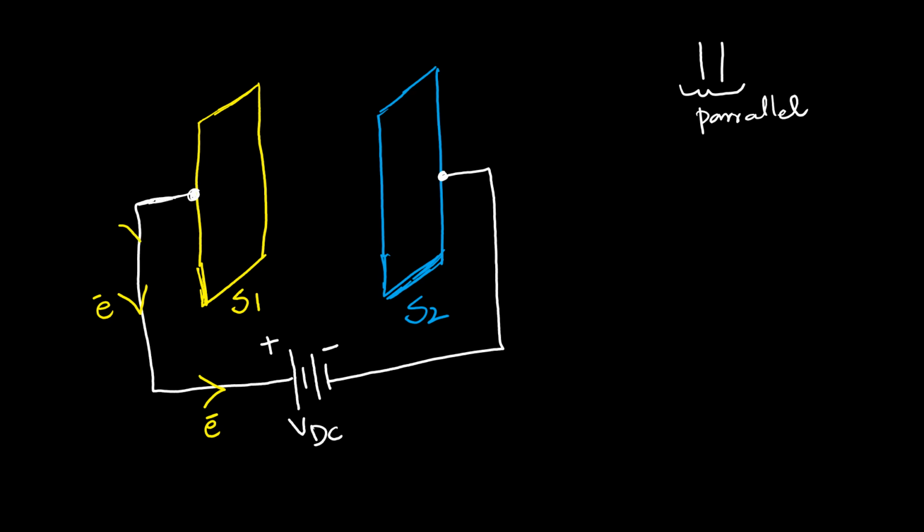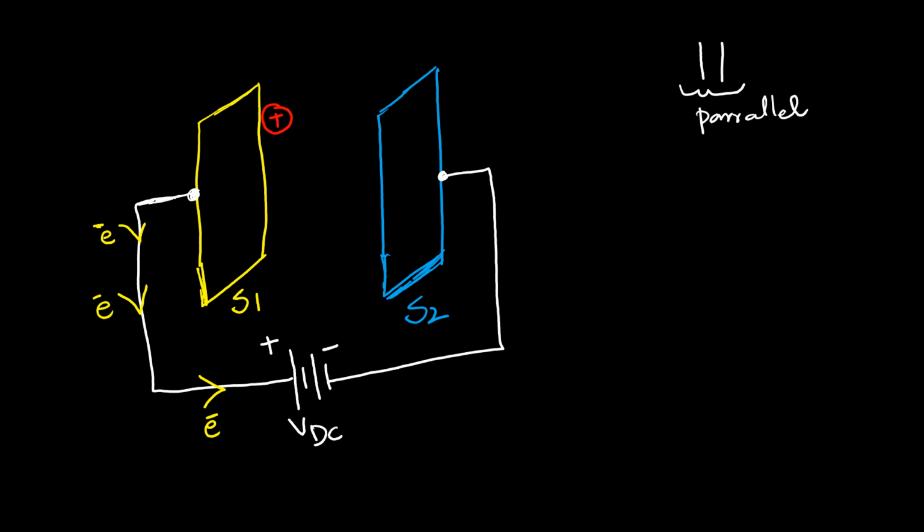Whenever electrons flow toward the positive terminal, there will be a generation of positive charge on the surface of the S1 plate.